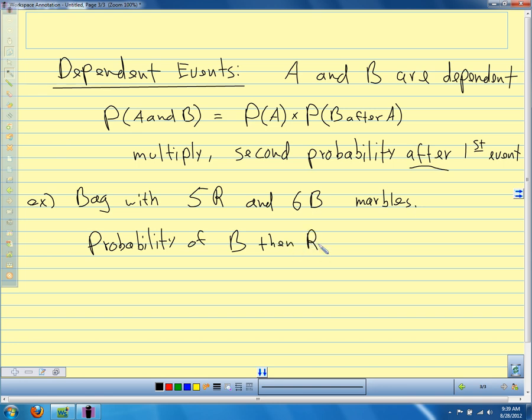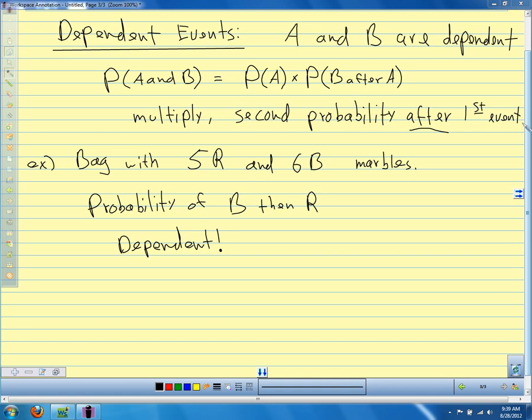And we're not putting the first marble that we pick back into the bag. We're taking it out and holding it in our hand. Because we don't put that marble back, it makes it a dependent event, because then there are fewer marbles in the bag. So there are fewer total marbles. This makes it a dependent event. So we have to calculate our second probability after the first one happens.